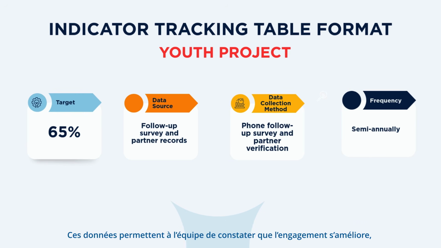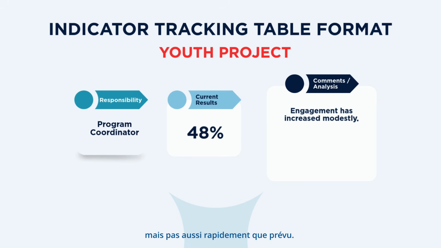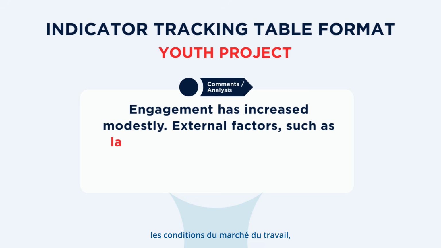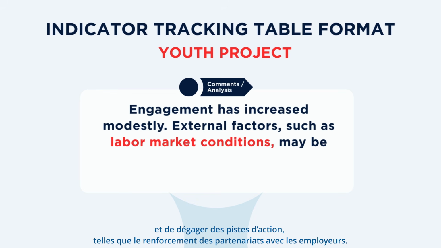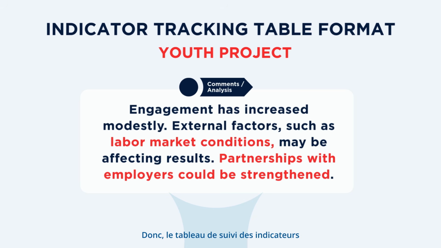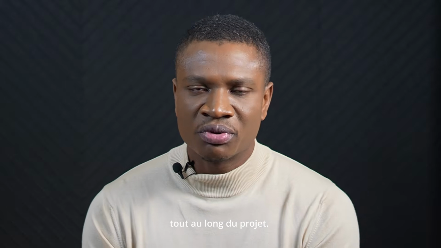This data helps the team see that engagement is improving, but not as quickly as expected. The comments column captures possible explanations such as labor market conditions and points to potential actions like improving partnership with employers. So the indicator tracking table goes beyond simply displaying numbers. It supports reflection, learning, and strong decision making throughout the project.